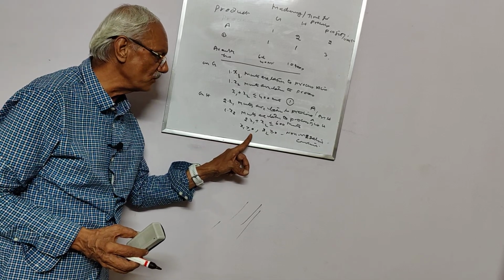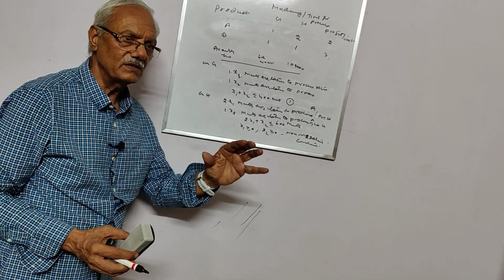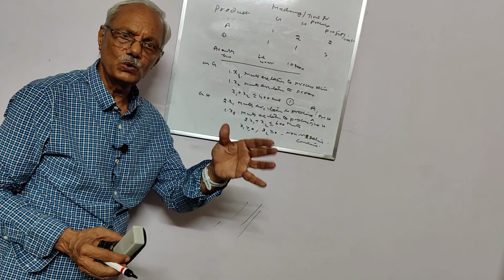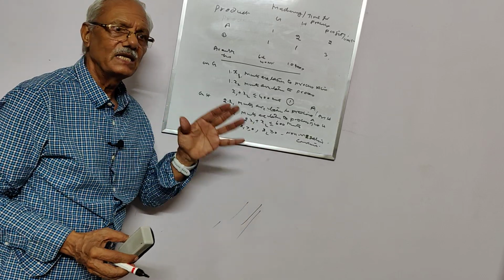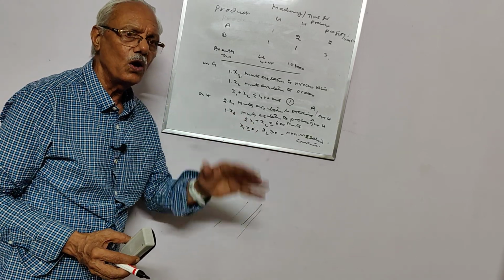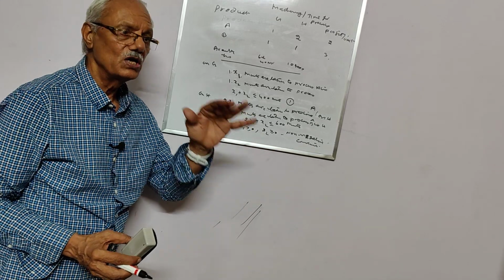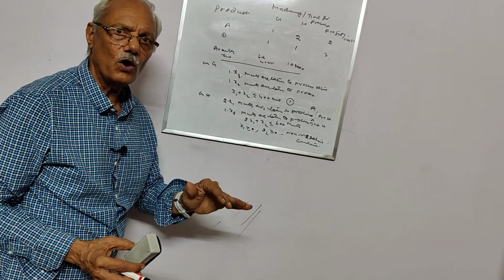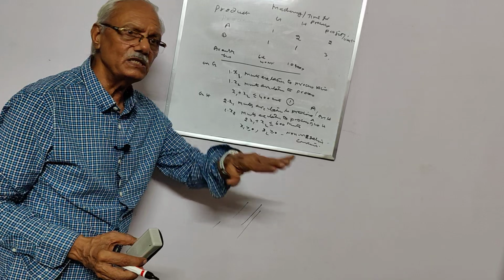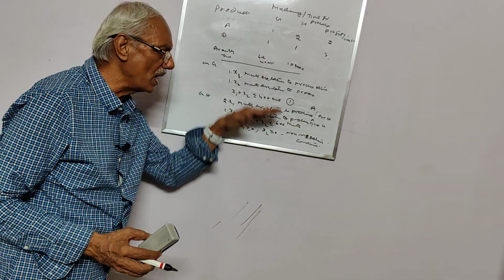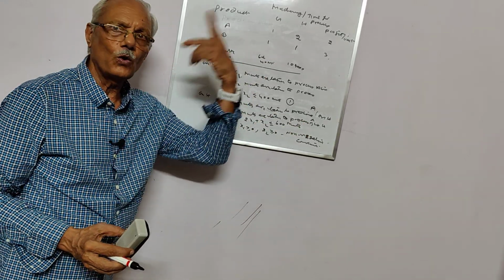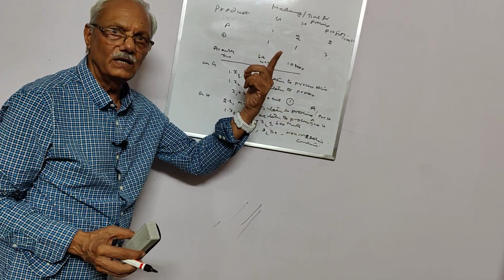The production can be either positive or equal to 0 in both cases. Therefore x1 is greater than or equal to 0 and x2 is greater than or equal to 0. With this information I am able to arrive at the constraints and also the objective function earlier.